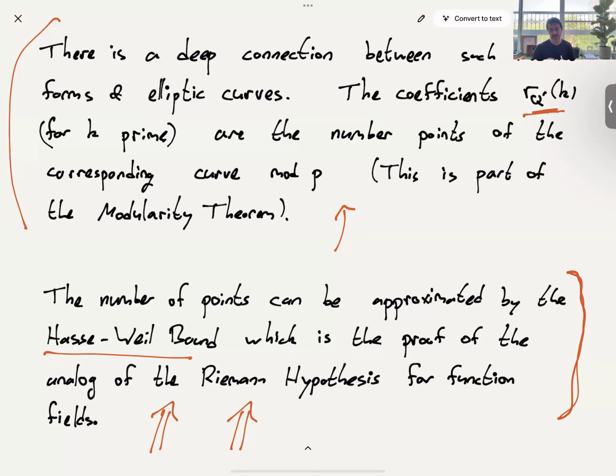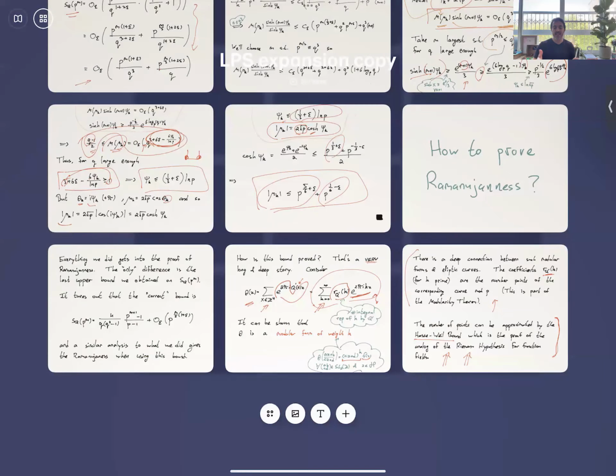You can actually prove it, and maybe get an even better approximation than what we got here. Anyhow, I think we should stop here.